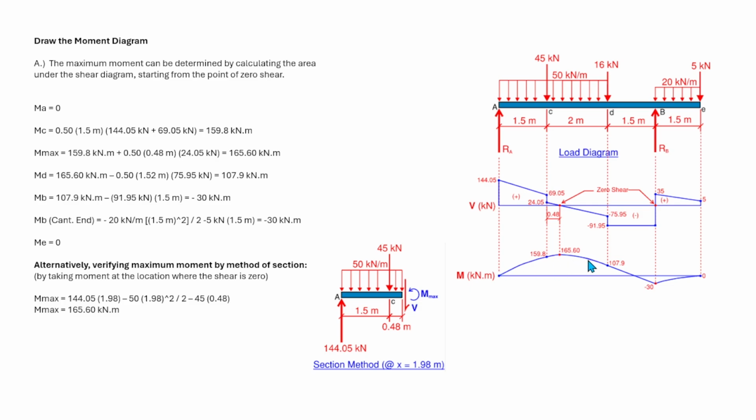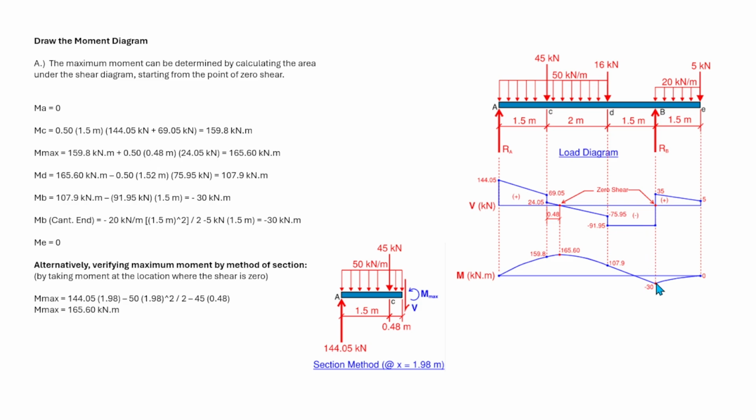But from this point to that point, between D and B, our shear diagram is constant. So if it is constant, from this point to that point the moment is linear. It is not curved, it is linear. So we have the negative slope because we have the negative shear.